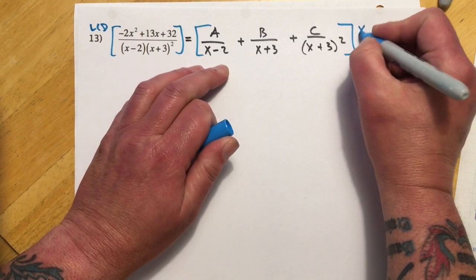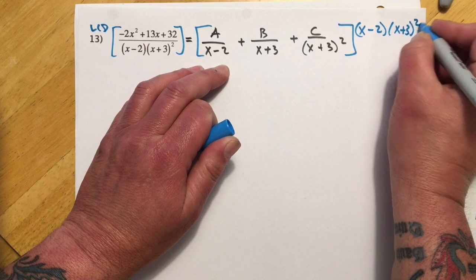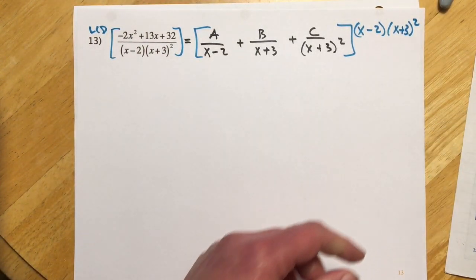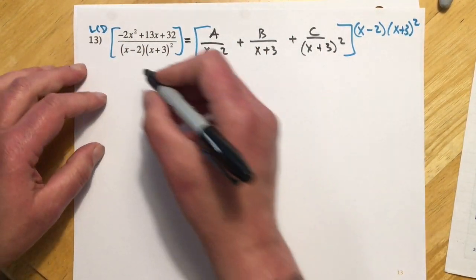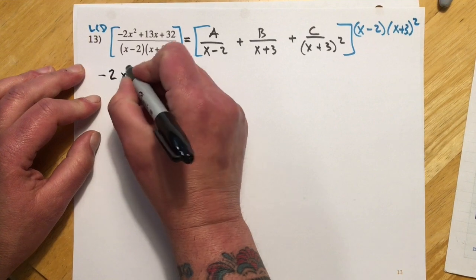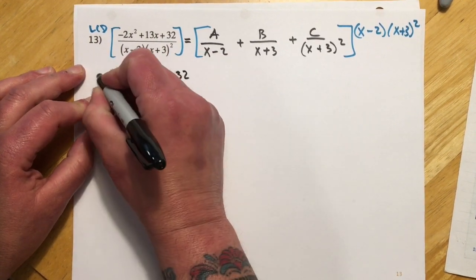And so over here that's (x − 2)(x + 3) quantity squared. And then these cancel, and we're left with −2x² + 13x + 32.